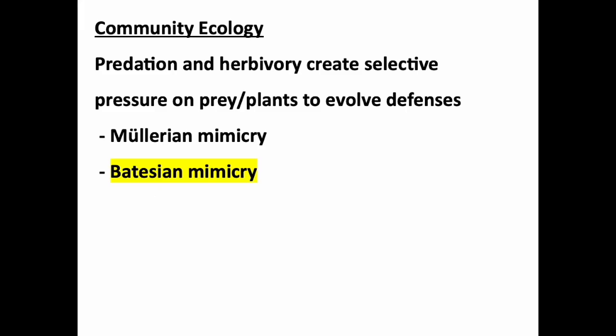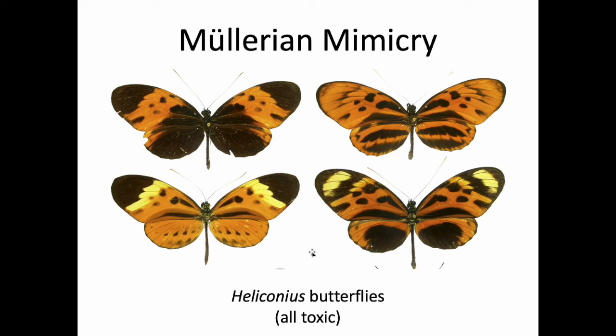So, from an evolutionary standpoint, to evolve toxicity, having toxins in your body that are going to hurt or kill a predator that eats you, that's very difficult to do. It takes a lot of steps to evolve the enzymes to create these specific chemical compounds, blah, blah, blah. It takes a long time. It is much easier from an evolutionary standpoint to evolve flashy colors.